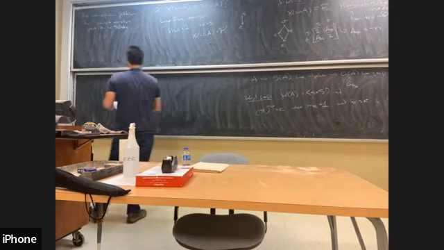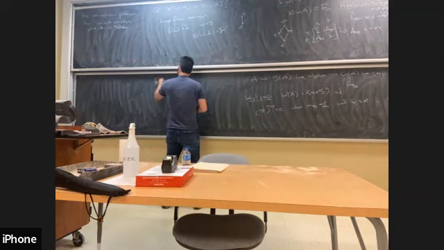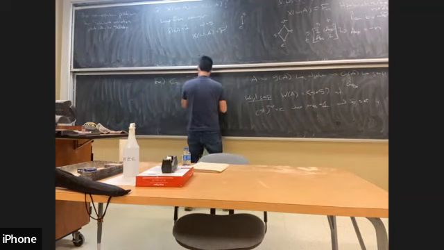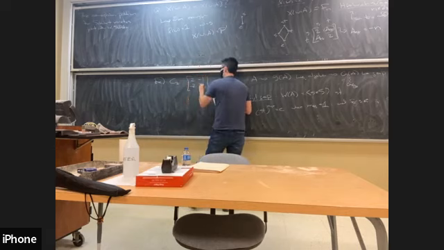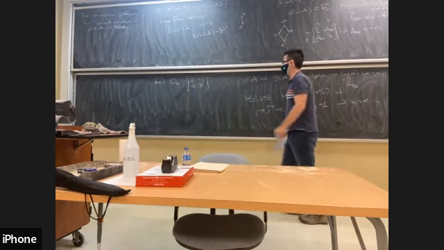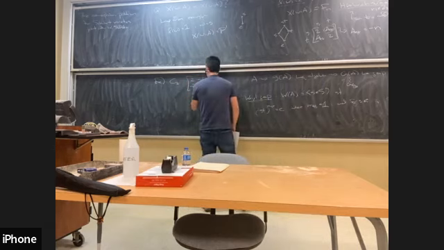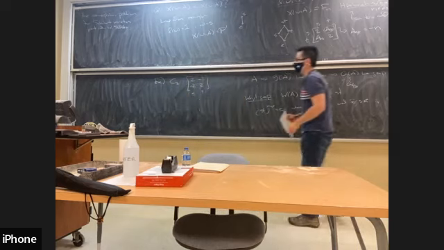Okay. So, for example, if I look at C2, C2 has a Cartan matrix like this. And here's something that threw me off for a little while.